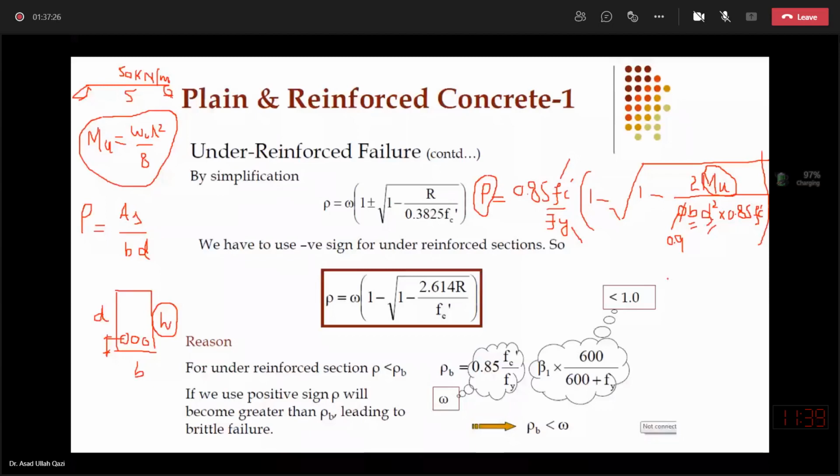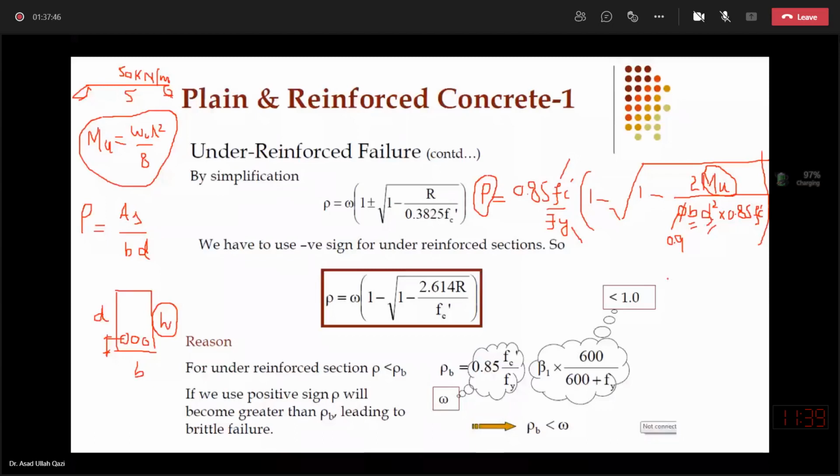Just for the sake of practice, at the moment I have not given you too much information on how you will select d, the effective depth, or gross h.